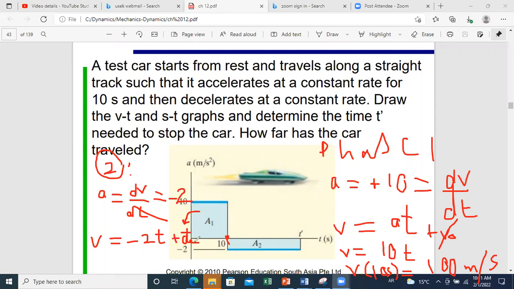Please pay attention, not at t equals 0, because point 0 is not a point of phase 2, it's a point of phase 1. So to get the constant, I should use this point. And I know for this point that at t equal 10, v is 100. So I just replace: 100 equals minus 2 times 10, which is 20, plus the constant. So I deduce that my constant is equal to 120. And now I have the expression of velocity in the second phase.